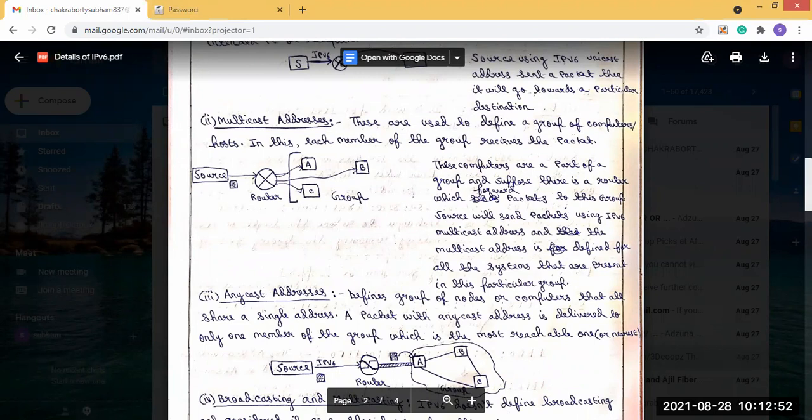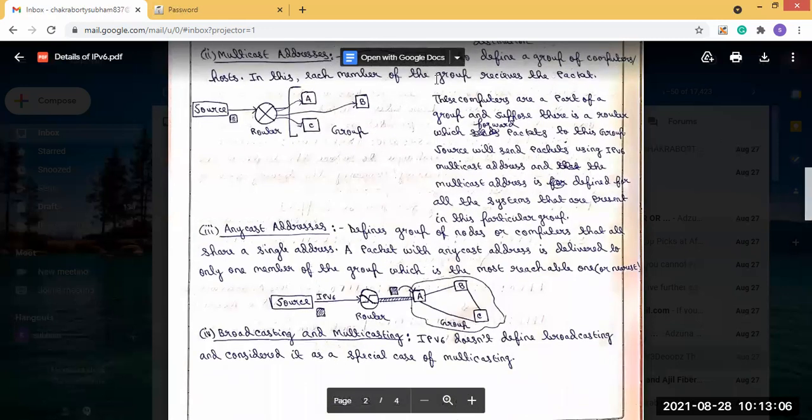A packet with an anycast address is delivered to only one member of the group, which is the most reachable or the nearest. Here also the group will be present. Let's say these 3 systems, A, B, C, are present and they are forming a group.